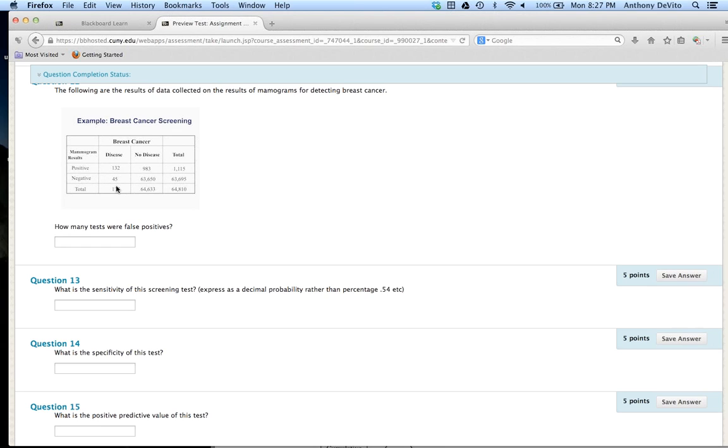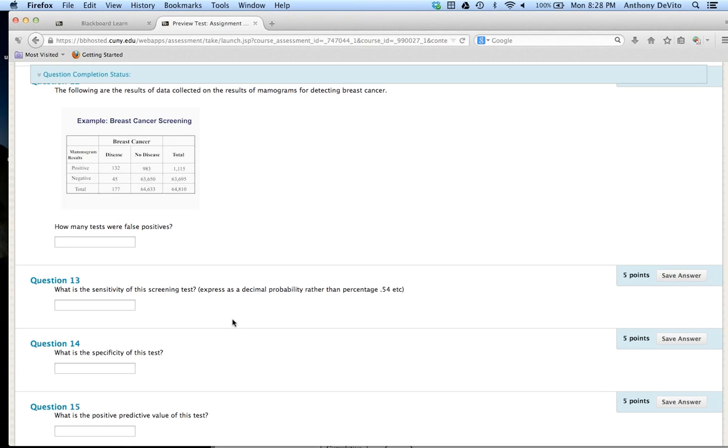Now, had it been a perfect test, you would have gotten 177 positives for the people with the disease, no negatives for the people with the disease, for a total of 177. That would have been a perfect test with 100% sensitivity, right? 177 divided by 177. But that's not the case. Almost never is the case, although we have some tests that get pretty close.